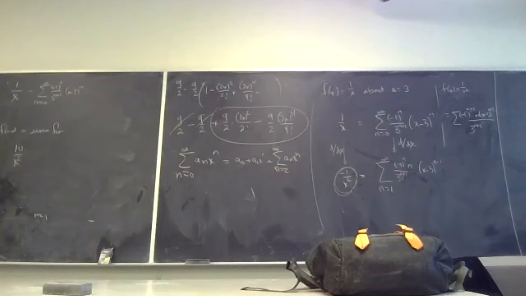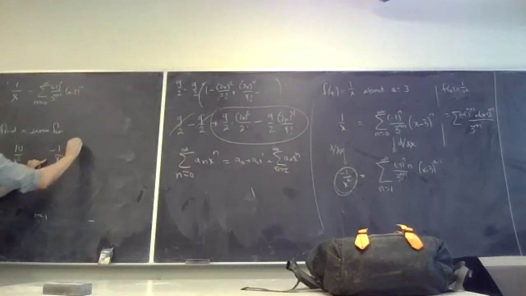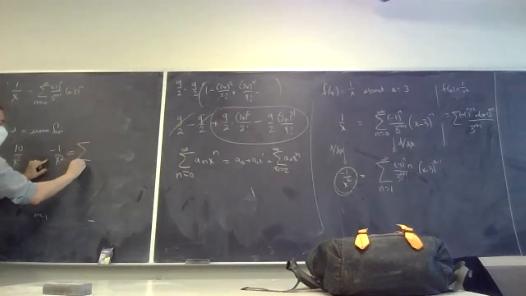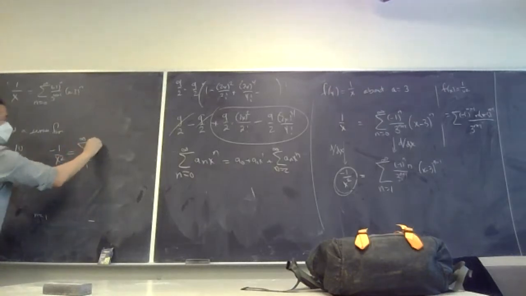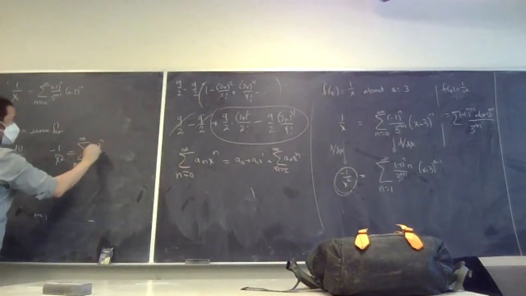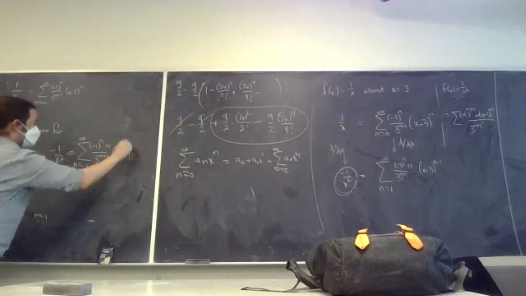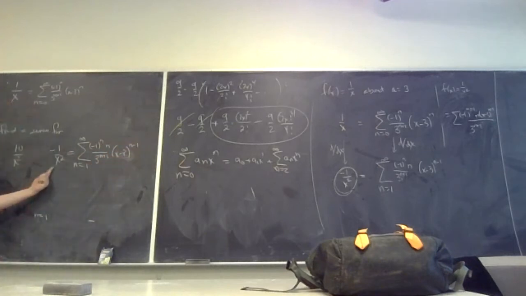Well, I'd still think that there's almost a derivative relationship here, almost. So I would find a series for this guy because I could just take the derivative. So this function is equal to that.